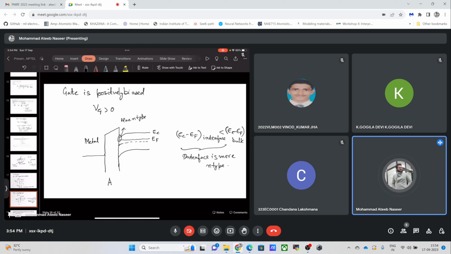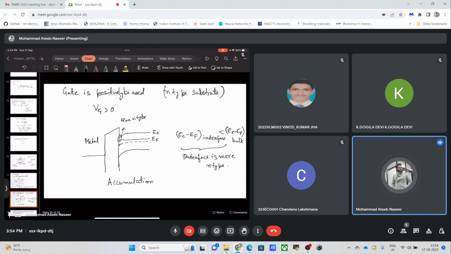Let's bring it to our notice again that this is an n-type substrate, and this is now the accumulation. Whenever we apply positive bias to the metal, the electrons will be attracted to the oxide semiconductor interface, and we will have a build-up of electrons at the interface.